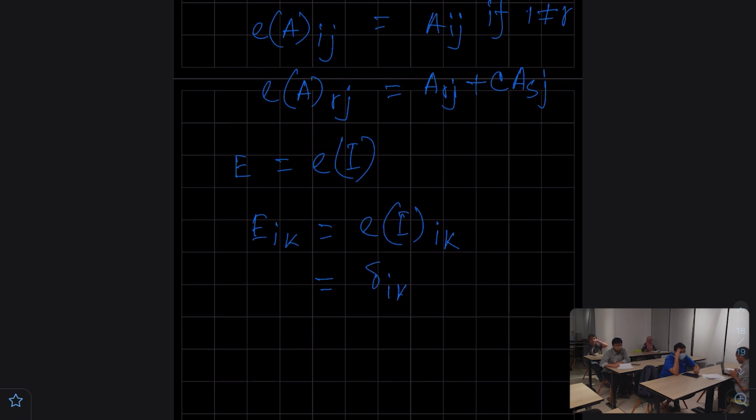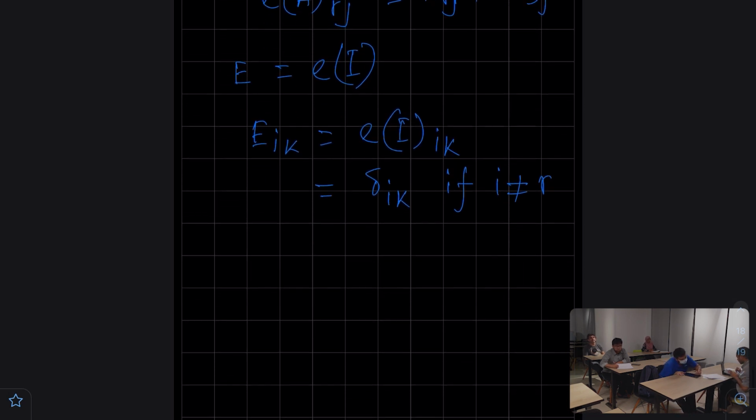and this is equal to delta ik if i is not equal to r, right? Everyone is familiar with the Kronecker delta ik? Do you know the definition?